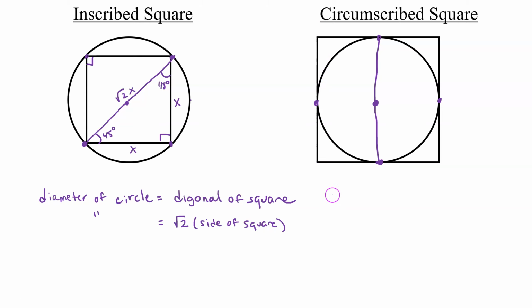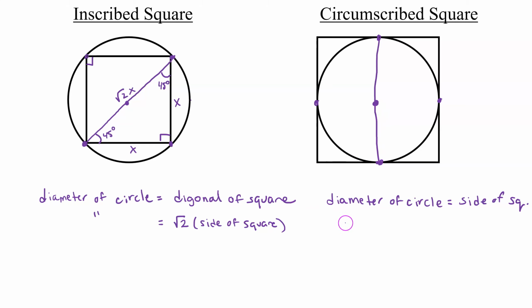So now the diameter of our circle is equal to the side of the square. And then, of course, half of the side of the square, so this length right here, is equal to the radius of the circle.